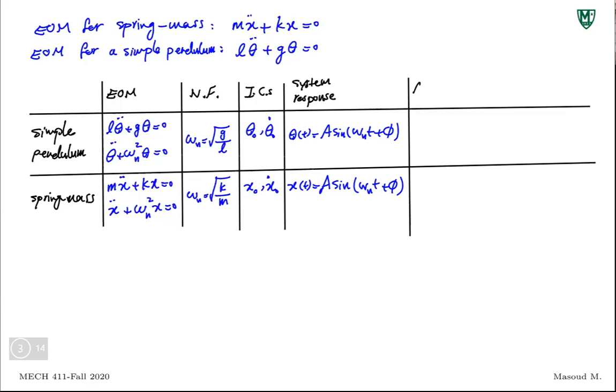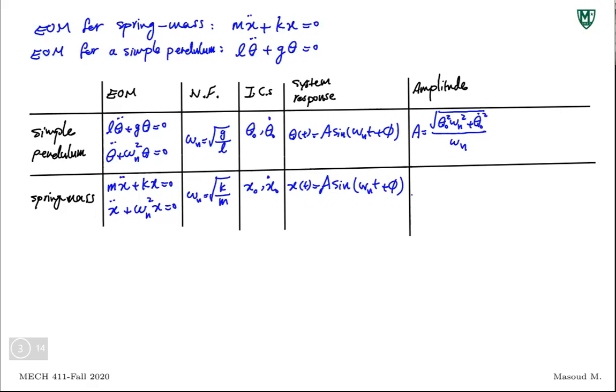So I'm going to put amplitude. The amplitude would be, well, for a simple pendulum, we saw it was, let me write exactly the way I wrote before. It was the square root of theta naught squared omega n squared plus theta naught dot squared, divided by omega n.